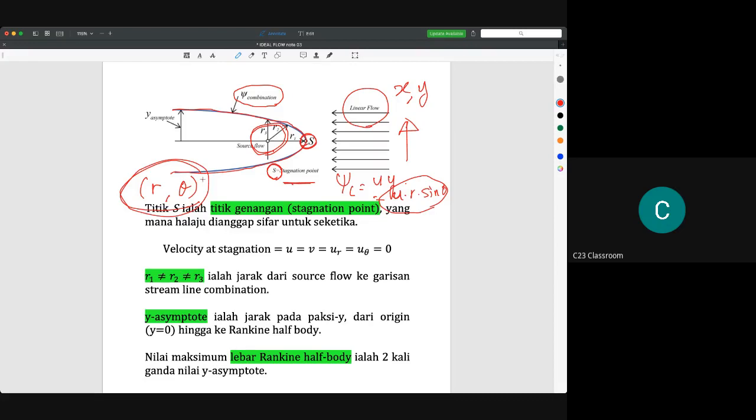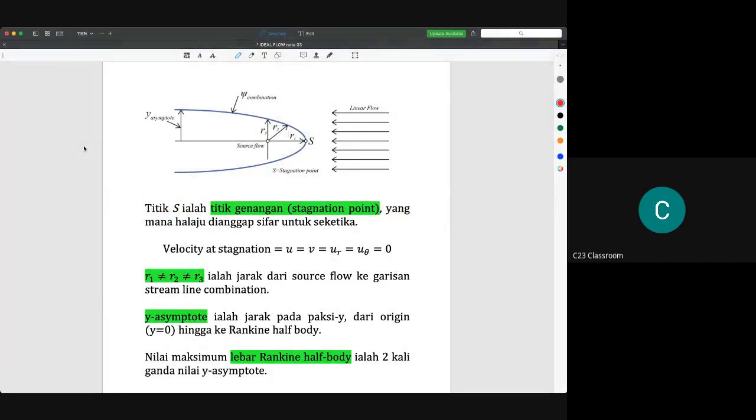Okay, now you know about the stagnation point, you know about the Psi combination, and finally we have another two parameters. So in polar coordinate, the coordinate is shown by r and theta. So what is the meaning of r here? The r here is the distance from the source to the Psi combination.